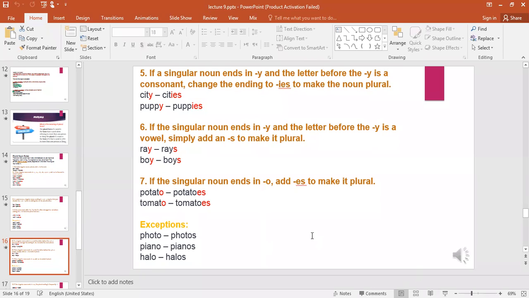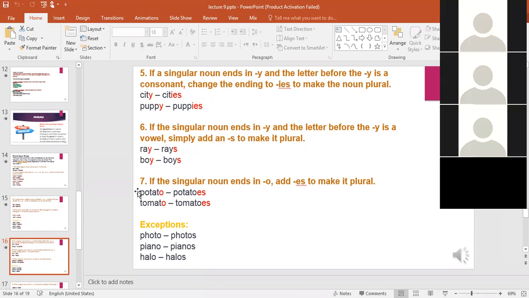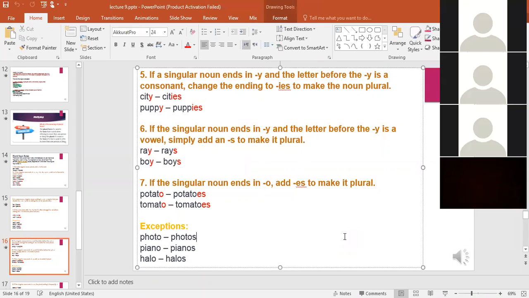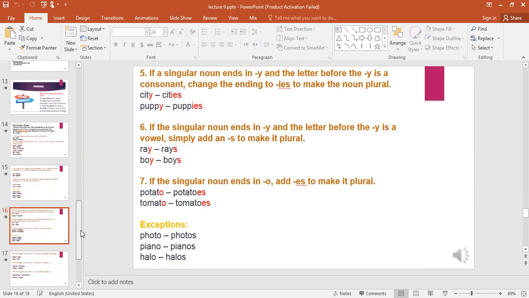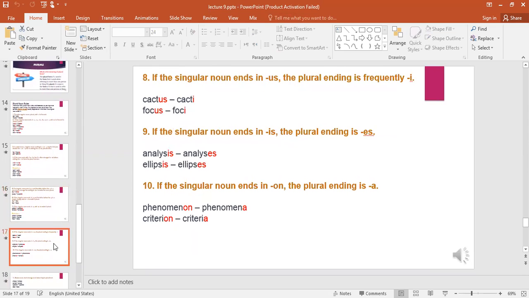Now, if the singular noun ends with o, you add es, like potato and tomato, okay? But we still have exceptions, as I said. We still have exceptions like photo, photos, piano, pianos, and so on. Let's move to rule number 8.